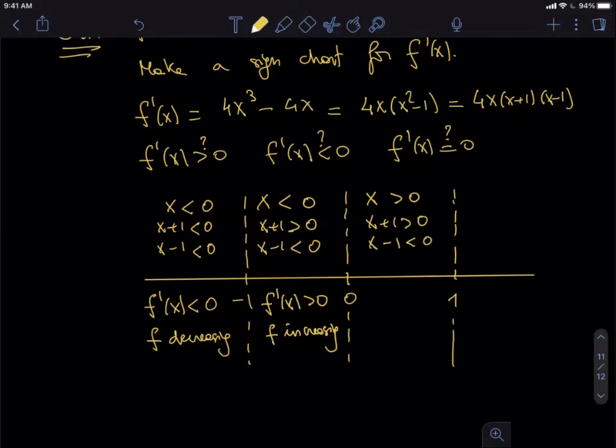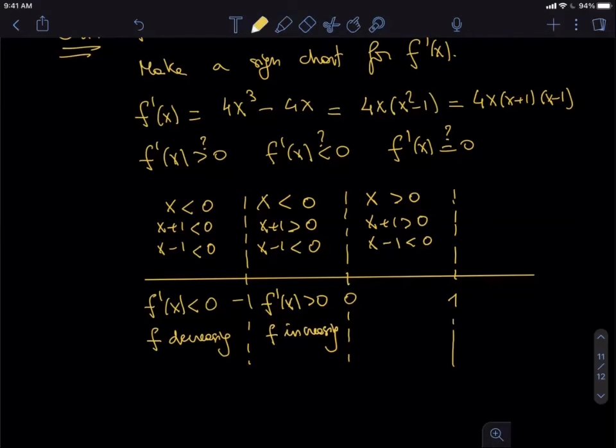Because any value of x in this interval is between 0 and 1, so since I'm subtracting 1, it will always be negative. For example, I take x equals 1/2, I subtract 1, I get -1/2.